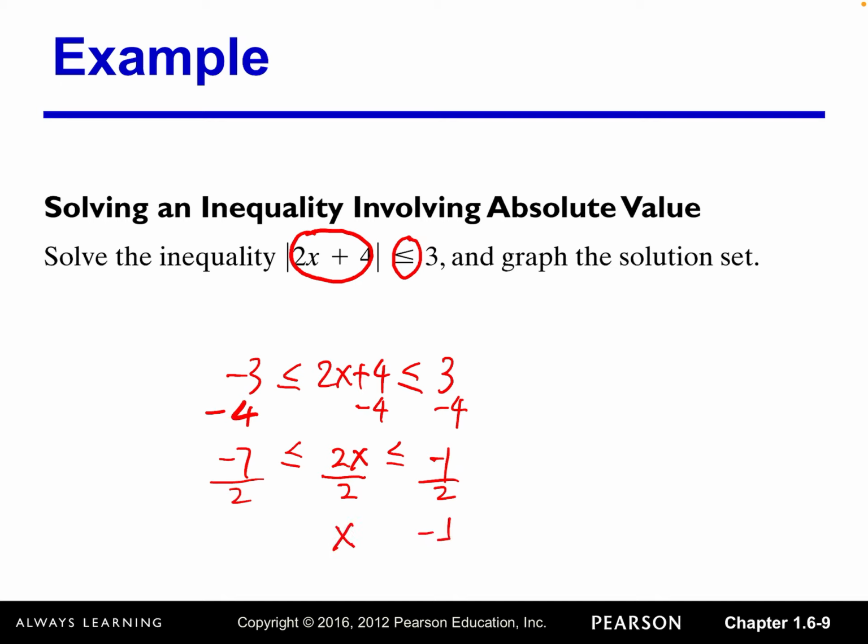So the middle has x, the left-hand side -7/2, the right-hand side -1/2. Dividing by a positive number, the inequalities remain in the same direction, no change.